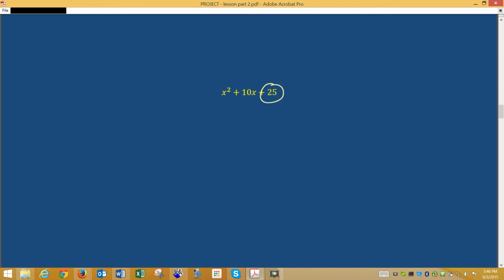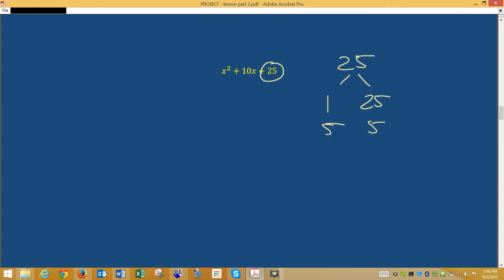Okay, last number is 25. Factors of 25. Numbers that multiply. 1 and 25 gives me 25. 2, nope, 3, 4. 5 times 5 is 25. And that's it. So, let's look at that. 5 plus 5 is 10. Yeah, so that one works.